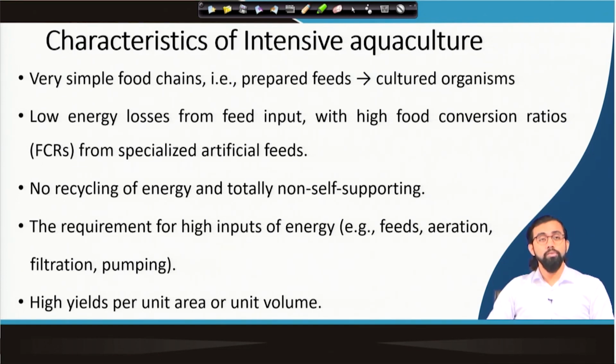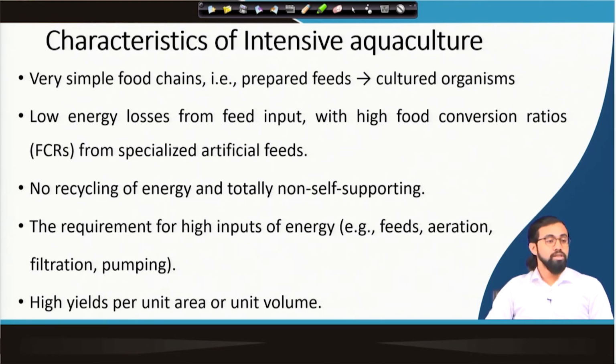If you want a good amount of production, you have to prepare a proper amount of food and supply that feed to your cultured organisms from time to time, and take care of that feed demand. In general, low energy losses from the feed input, with a high food conversion ratio from specified artificial feeds, can be achieved in this kind of culture system.